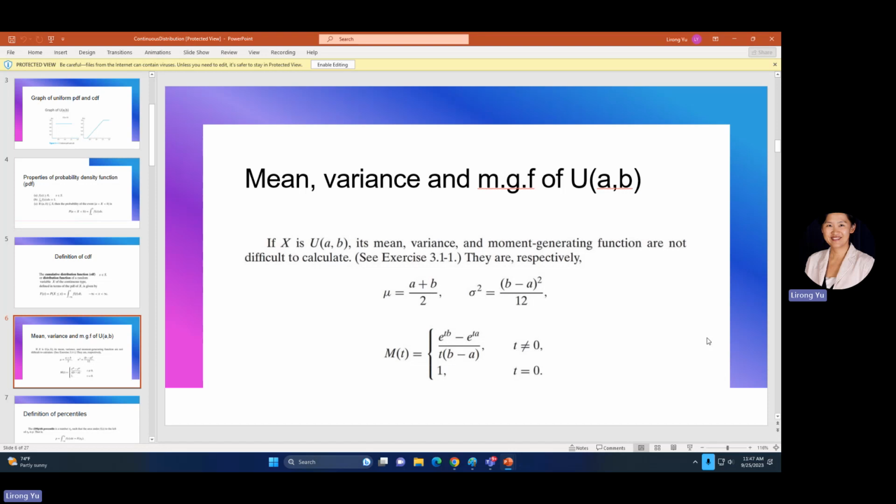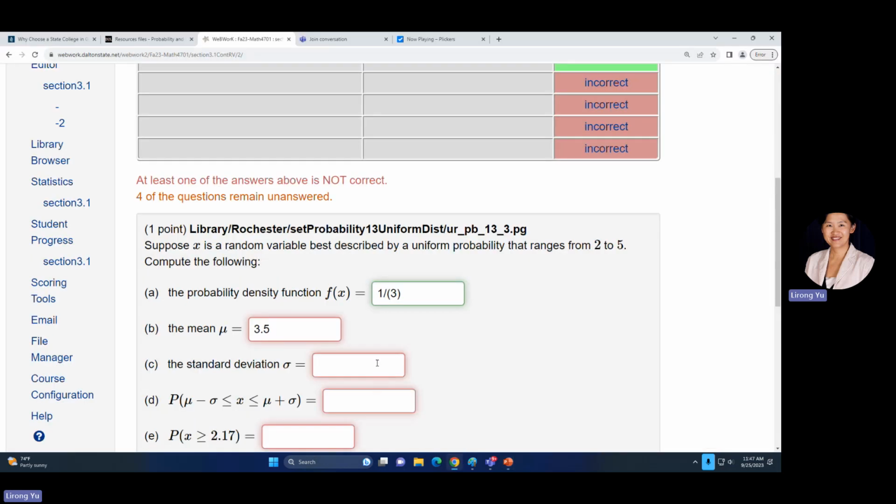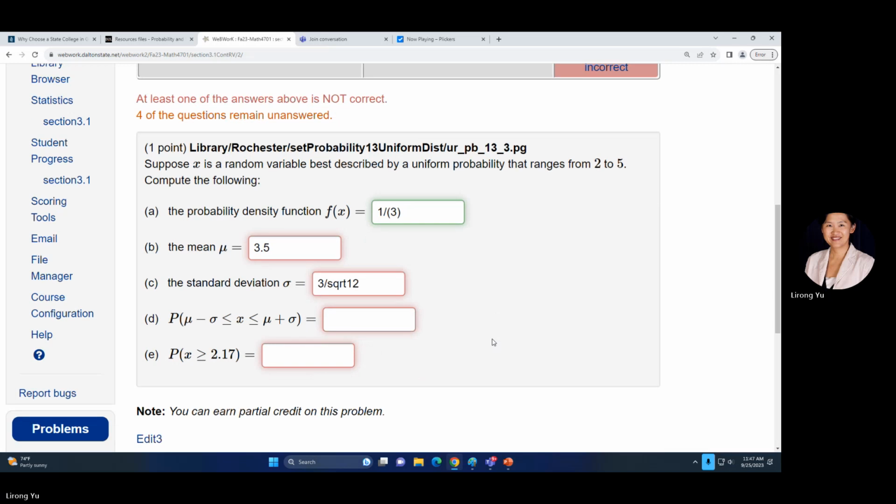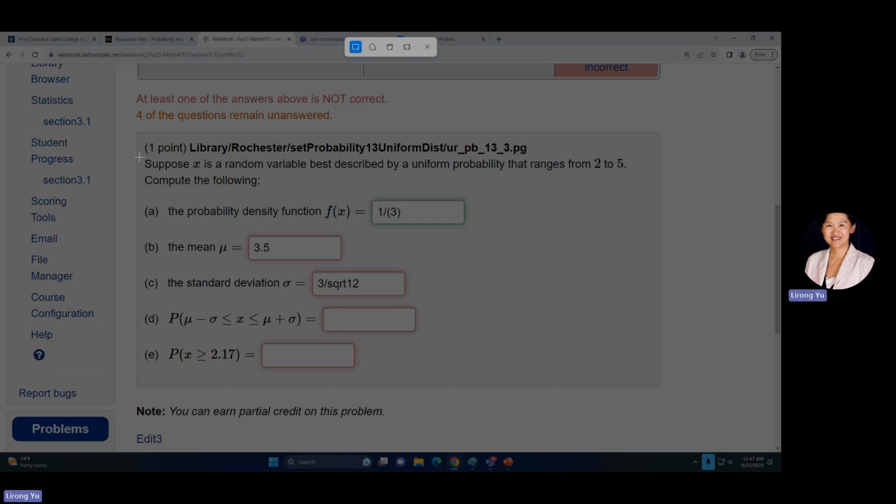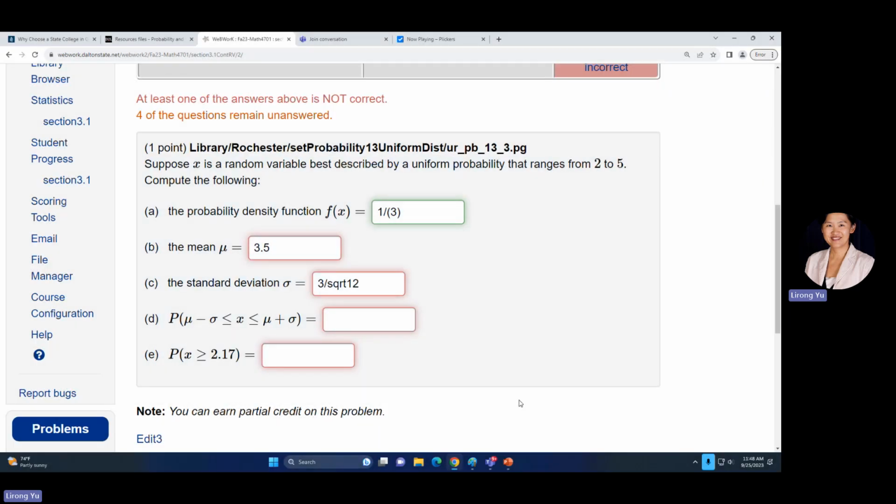So we'll take B minus A over root of 12. B minus A is 3, so 3 divided by square root of 12. Any questions so far? And these are the ones that we're able to answer with our formula.